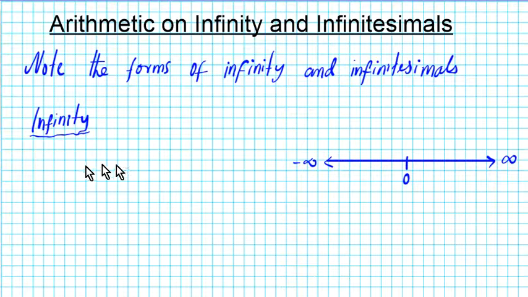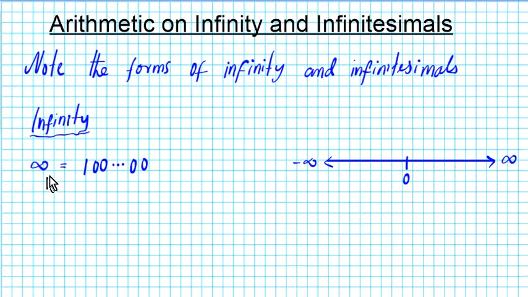Okay? So positive infinity is captured by this symbol, and it can be written in numerical form. The numerical form that we'll be using for infinity in this class is 1, 0, 0, an infinite number of zeros, 0, 0. So we're just going to use this representation to capture it.